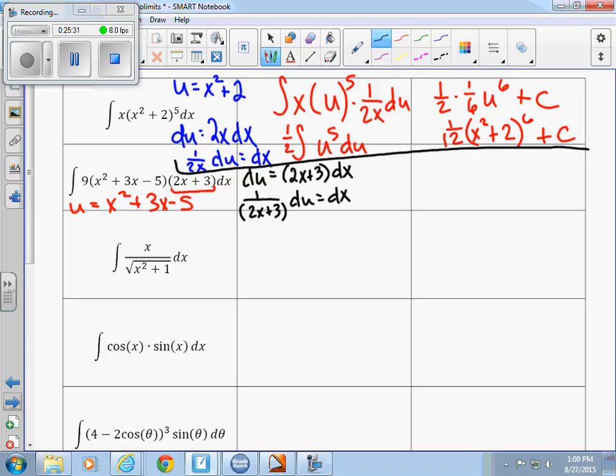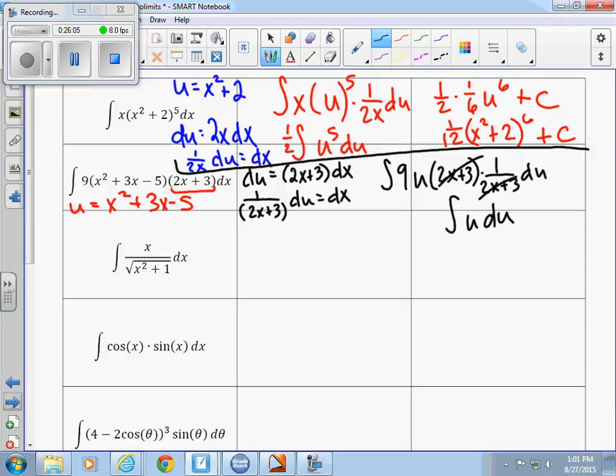So, now I can do some replacing. I have the integral of 9u times 2x plus 3 times dx, and what's dx? 1 over 2x plus 3 du. And what happens? The 2x plus 3 is cancelled. Really easy integral, isn't it?